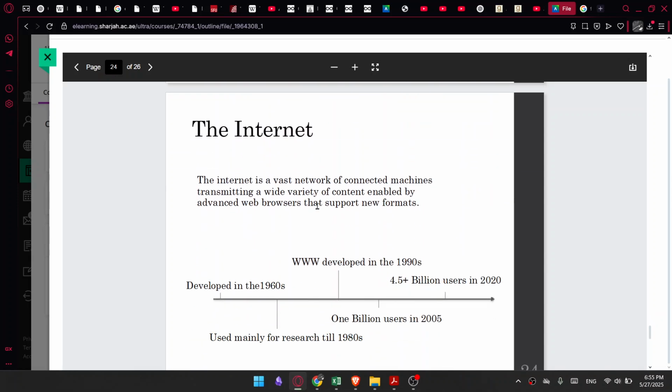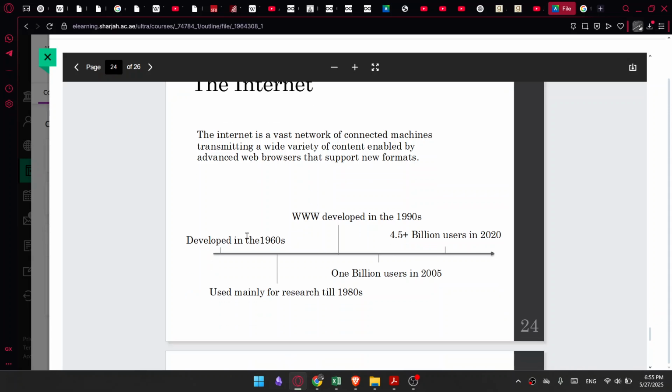The Internet is a vast network of connected machines transmitting a wide variety of content, enabled by advanced web browsers that support new formats.